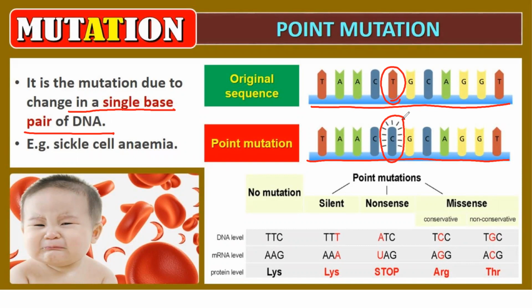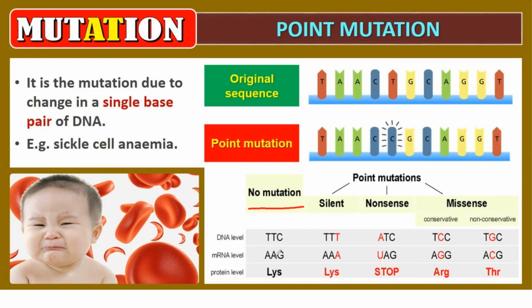There are different types within point mutation. The mutation may be called silent mutation, nonsense mutation, or missense mutation. Let us learn them one by one. In no mutation, you can see the DNA will give rise to lysine. This DNA sequence is responsible for the lysine amino acid, right?